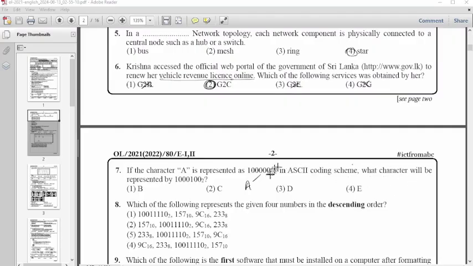If we add 1 to this, you will have 10 at the very end, so 0010, and that represents B. Let's add another 1, and that would represent C. Let's add another 1, and that will represent D. So what's the correct answer?